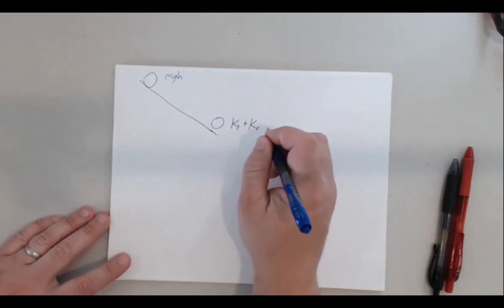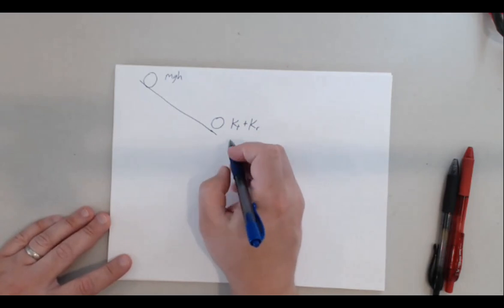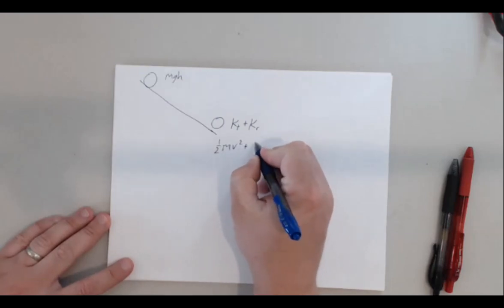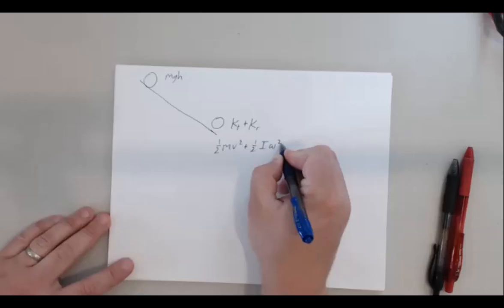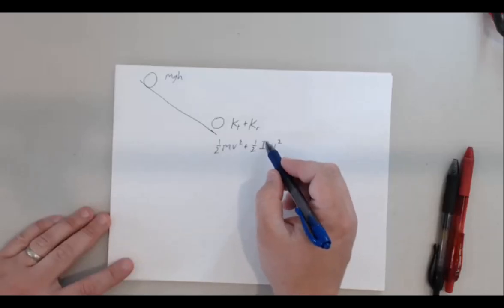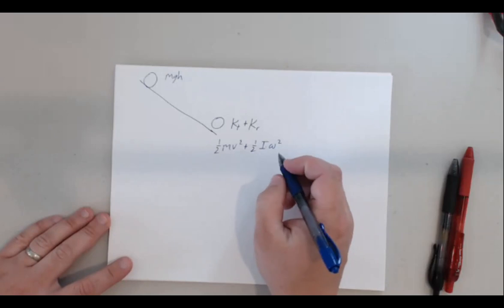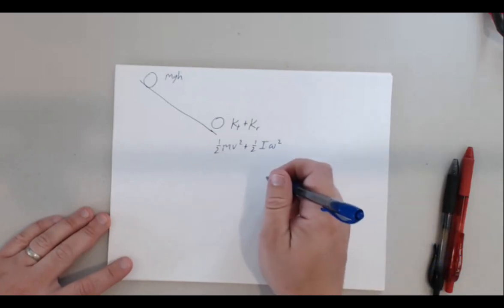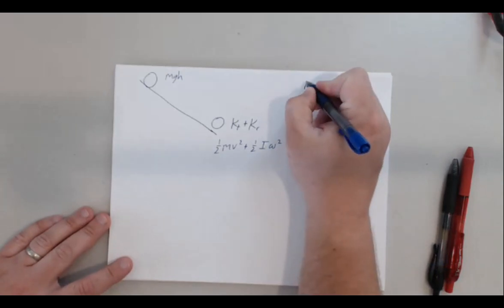So what do those look like? 1/2 mv squared. And then isn't it 1/2 I angular velocity squared? Yep, 1/2 I omega squared. Okay, what's the moment of inertia for a sphere? Well, Google knows, your book knows. I know because I've been doing this long enough.